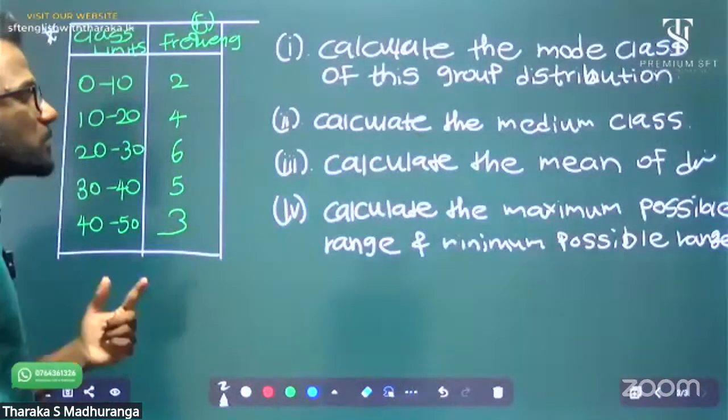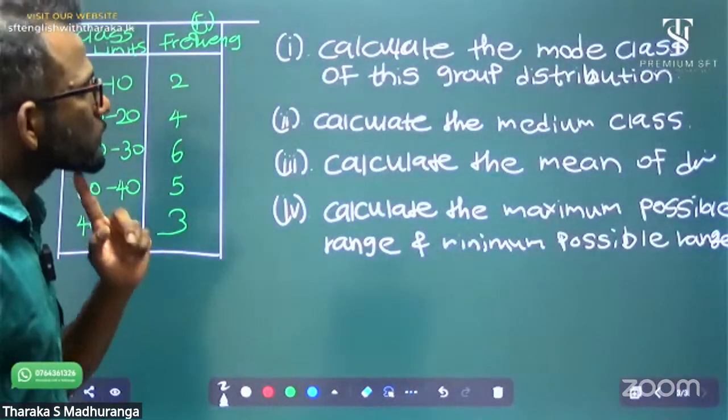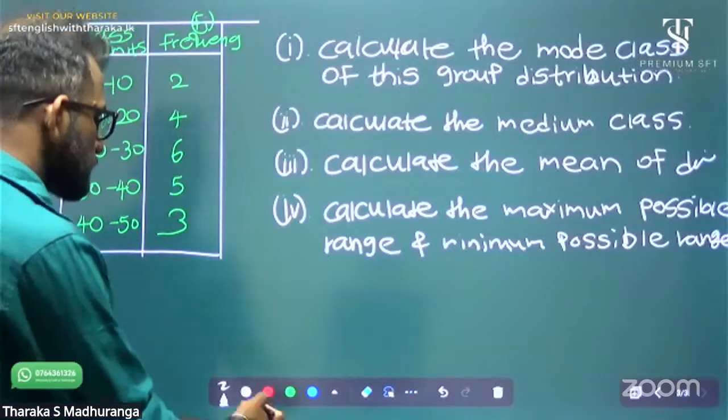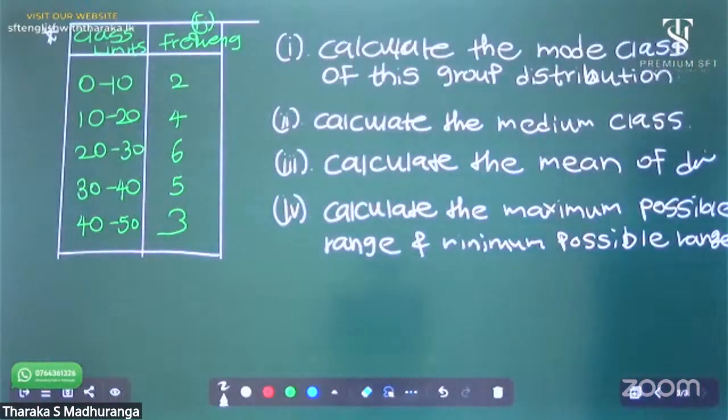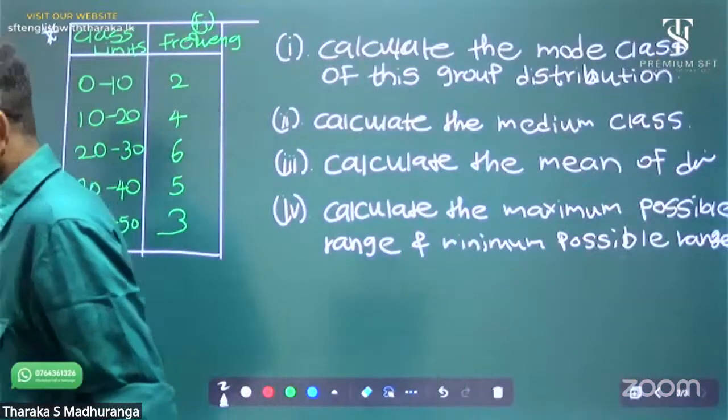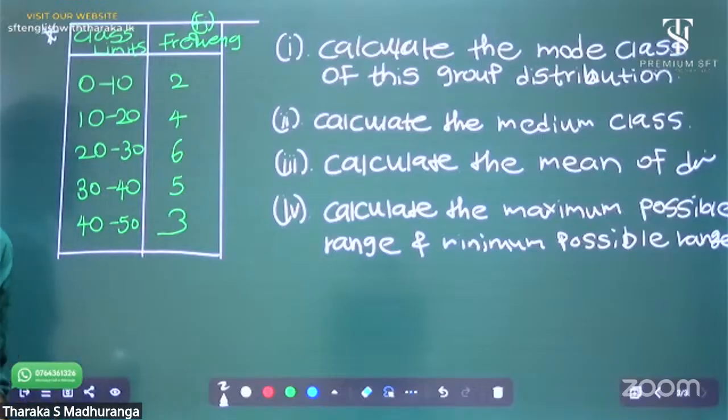Okay, let's begin. Calculate the mode class of this distribution. What's the mode class? What's the meaning of mode? The most frequent data. Now the data is represented as groups, so it represents a class. What's your answer, Ranga?